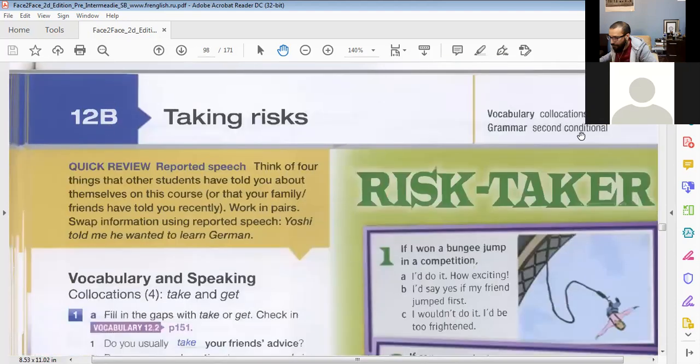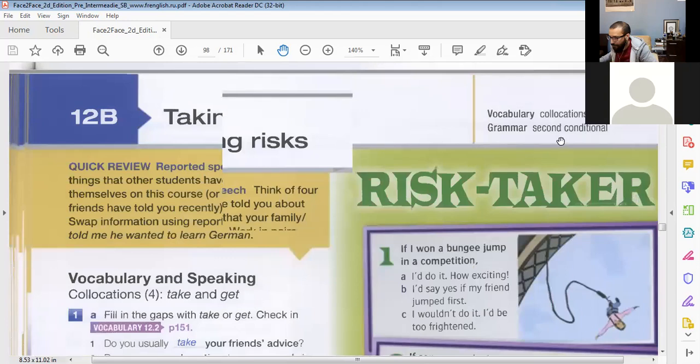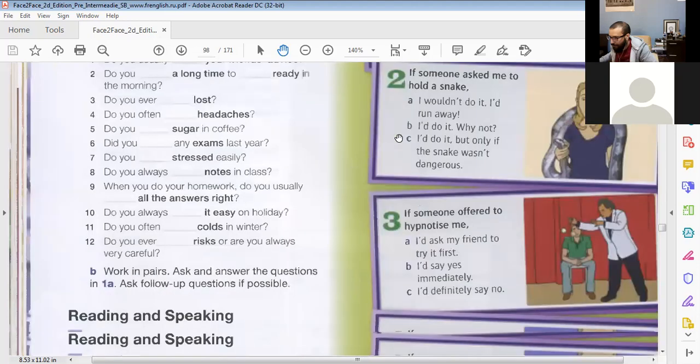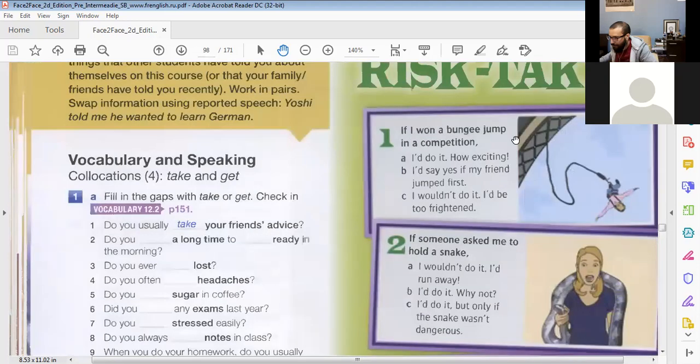And we can talk about the second conditional. Second conditional is new. We didn't talk about it before. We talked about the first conditional, right? Did we talk about the first conditional? What's first conditional? Look at this example.